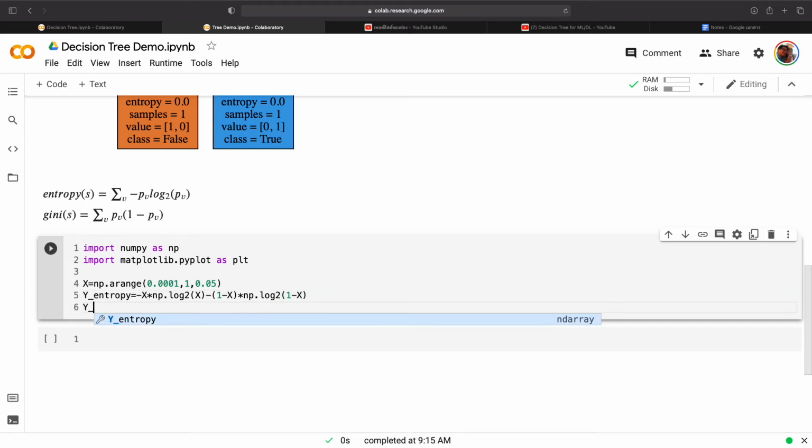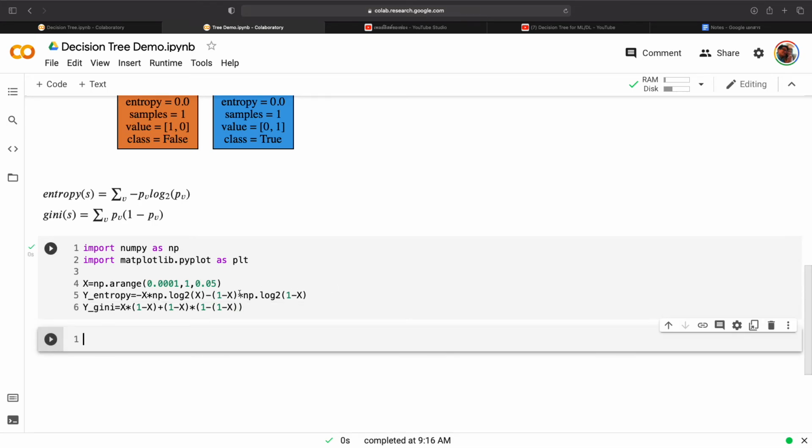The y of Gini will be the same for two classes. So it must be x times 1 minus x, plus, for the negative class, 1 minus x times 1 minus 1 minus x. So this is y Gini and y entropy.